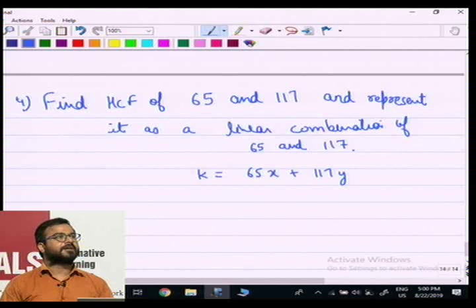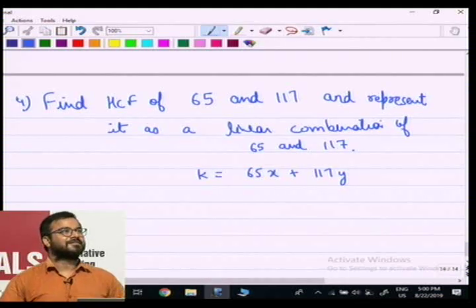That is correct, Itanagar. Perfect. That is right, Shillong. And what is the HCF, Shillong, you are getting?